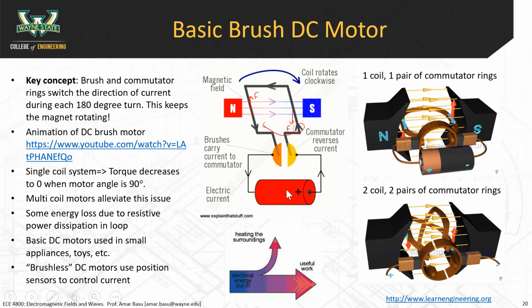When the loop is in this position, the current goes this way and travels in the counterclockwise direction through the loop. And when the loop turns over, then the loop is connected in the opposite polarity.